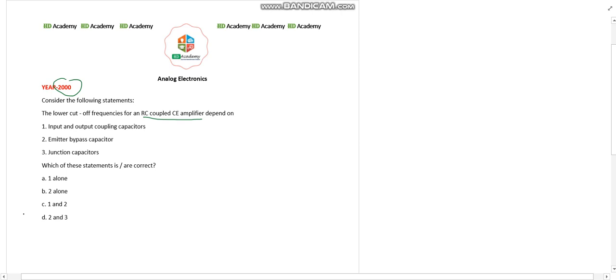So before going through the options, let us draw an RC coupled CE amplifier. A two stage amplifier we will draw.